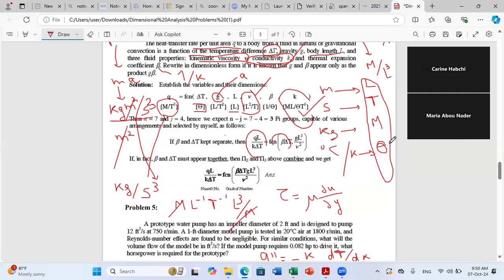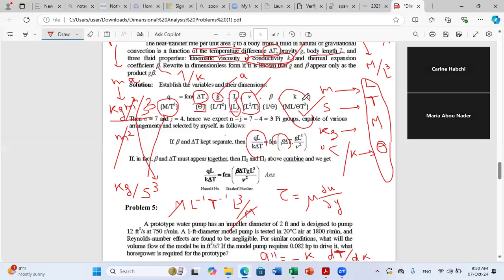If you are able to find 4, it's fine. If not, as we said before, the dimensions are grouped in a repetitive pattern, which is not the case here. Here you can verify how you can select your 4 variables. If I consider delta t, it contains theta only. I can take L, containing L only.